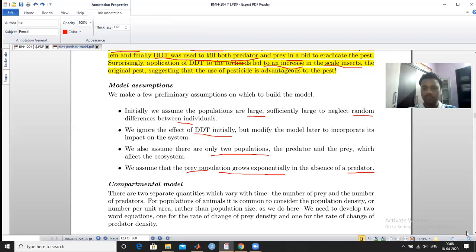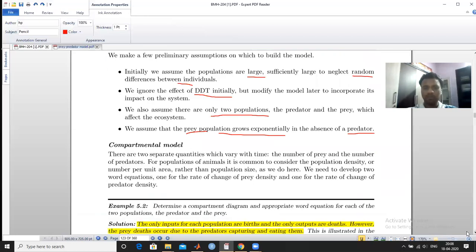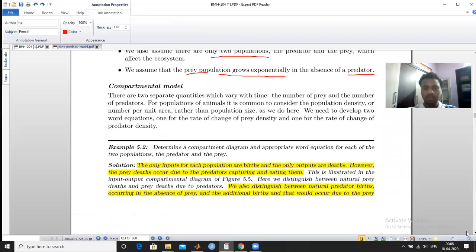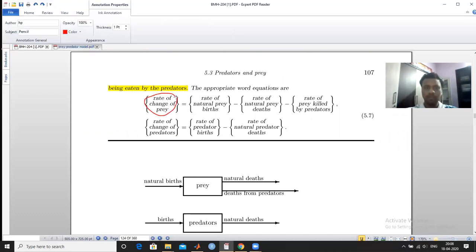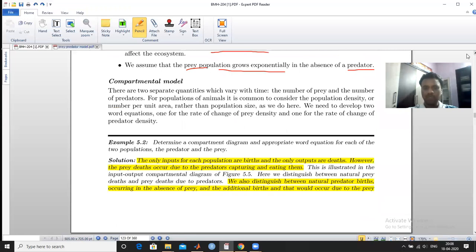Then we can design our compartmental model, in which we can find the rate of change of the prey and the rate of change of the predator. Already I have shared a document with you. But before that, we can check that the only inputs for each population are births and the only outputs are deaths.